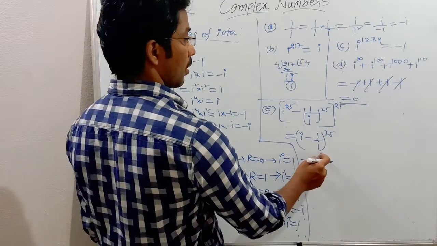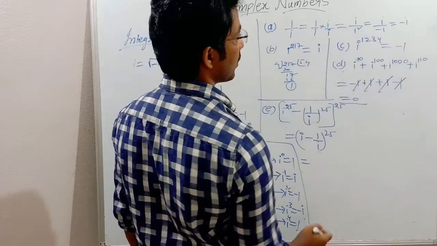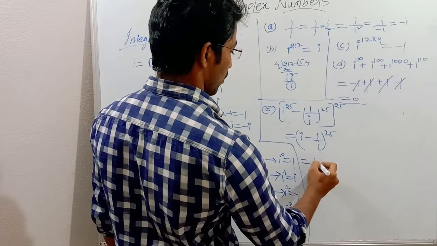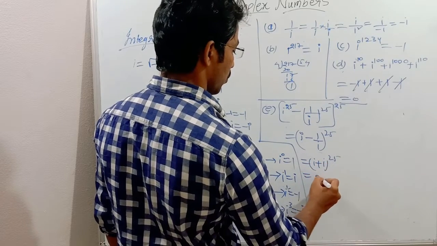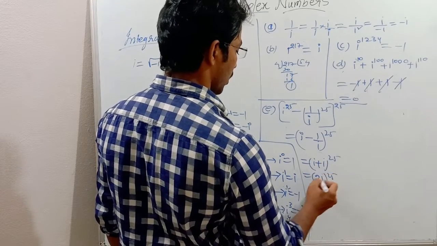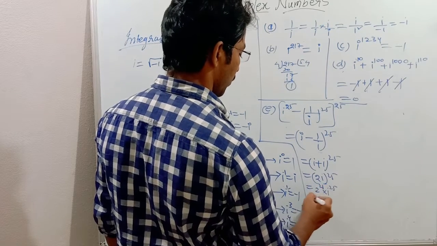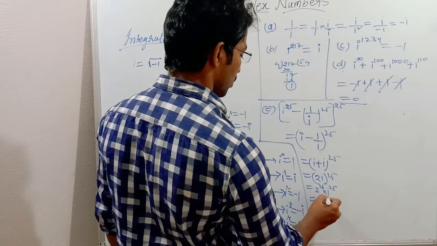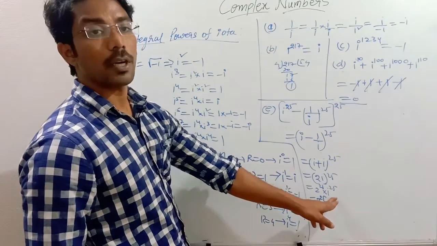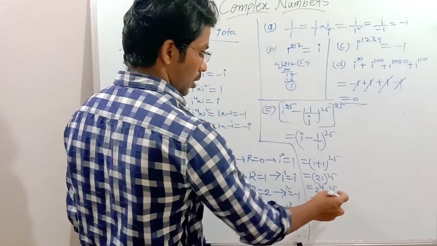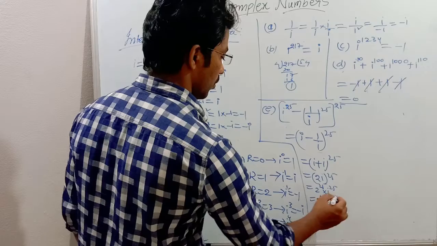The 1 by i value we have already found out as minus i. So minus of minus i plus i gives 2i, whole power 25, that is 2 power 25 into i power 25. What is the value of i power 25? 4 sixes are 24, so 1 is the remainder. So the answer is 2 power 25 into i.